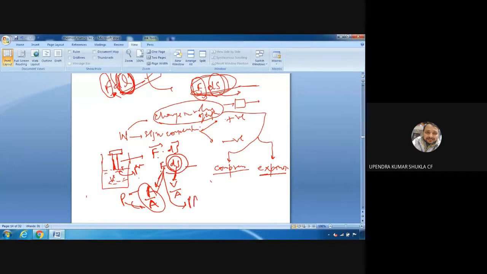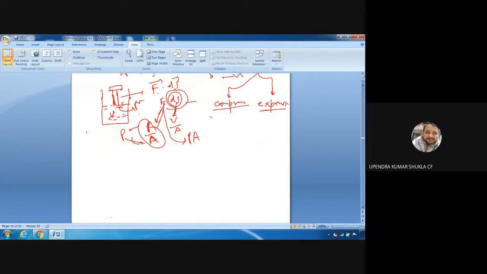Now force you will get from pressure into area. So, pressure into area. Now this F ds, so we can write dW, supposing an infinitesimal distance ds has been covered, the displacement of the piston. Through expansion we are considering first. So dW in this displacement, what will you take first?